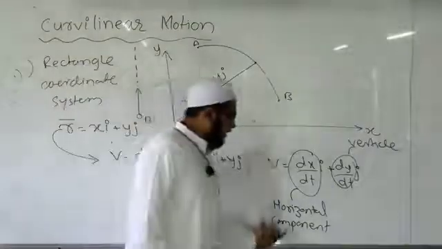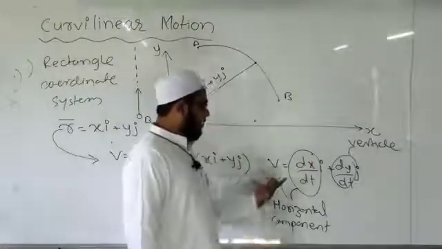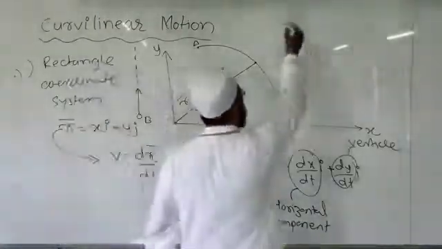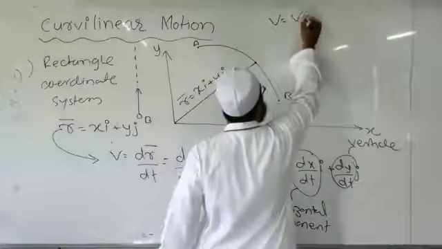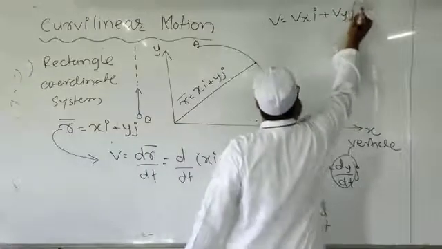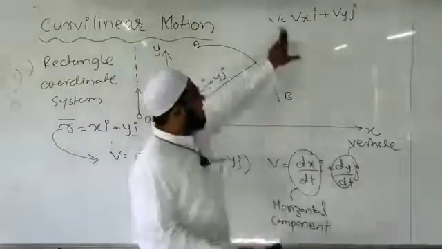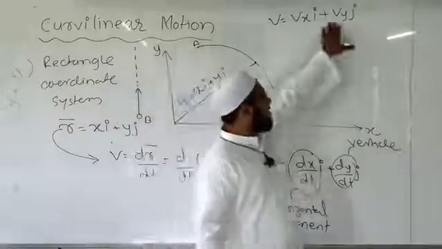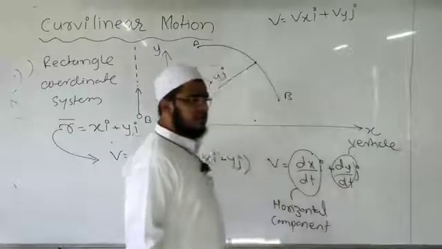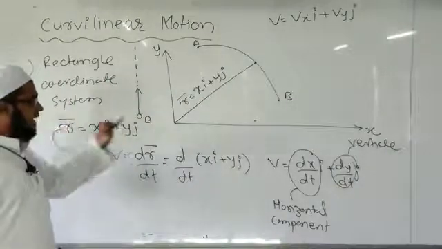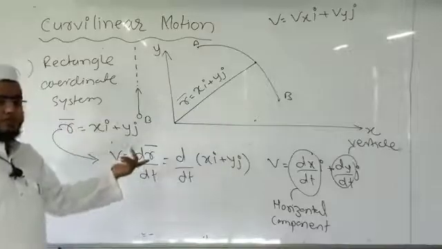Horizontal and vertical components are perpendicular to each other. This equation I can write as v equal to vx i plus vy j, where vx is equal to dx by dt and vy is equal to dy by dt. In rectangular coordinate system x and y are perpendicular to each other.